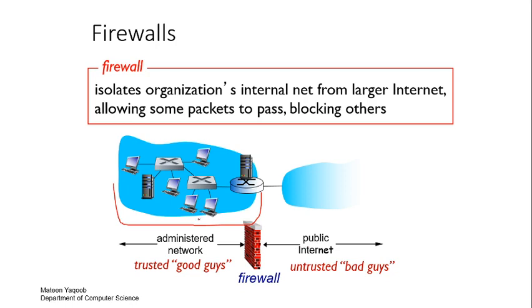So the trusted users are located in your internal network, and the untrusted users are located in the public internet. So the firewall is basically a wall between the internal network and the public internet. It will filter the packets, allow some packets to pass, and block the rest of the packets.